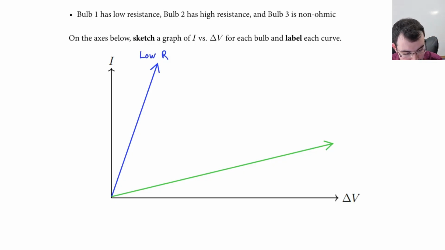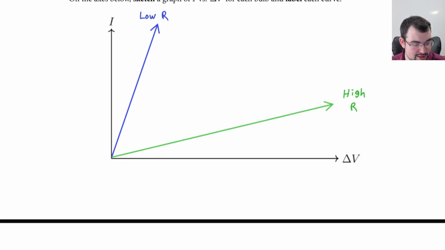So notice that the low resistance bulb gets a lot more current for a given potential difference. So this is our low R, this is our high R. So non-ohmic, what would non-ohmic look like? Well, it just has to be nonlinear.